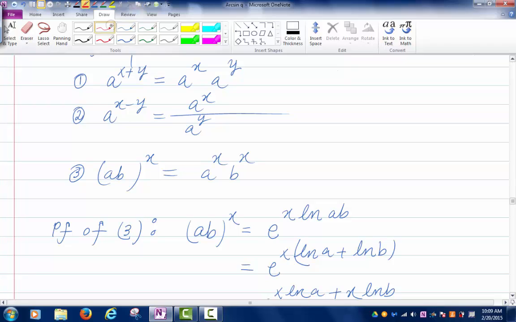I want you to add one more here, which is a to the x, to the exponent y. That's the same as a to the xy. So this would be a new one. Please add that to the laws of exponents. I think I proved number 3 for you. All the other ones can be proved in the same way. Okay?